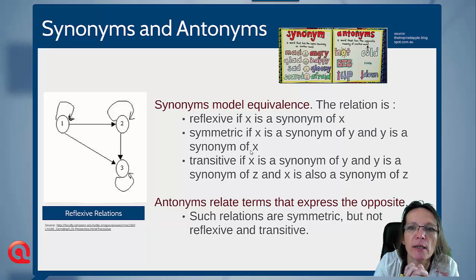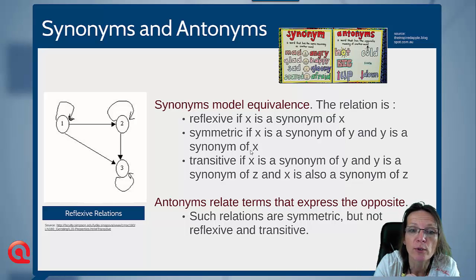Going back to the synonyms and the antonyms here, we had this before, reflexive, and you see now here in the image what reflexive means, kind of referring back to itself, like the mobile phone and the cell phone and the handy. So the relationship is reflexive. X is a synonym of X, and it's symmetric, because if X is a synonym of Y and Y is a synonym of X, then they refer back and forth to each other, like the cell phone is a handy and a handy is a cell phone.